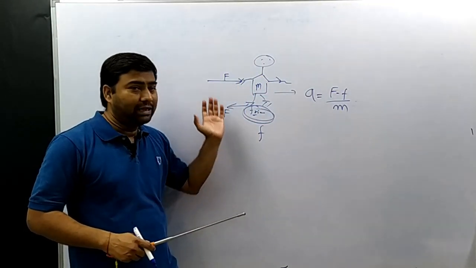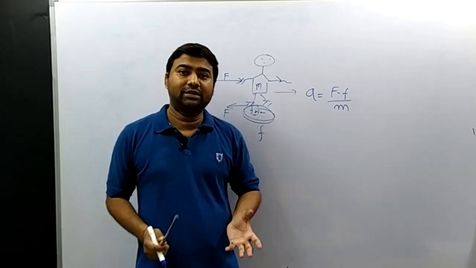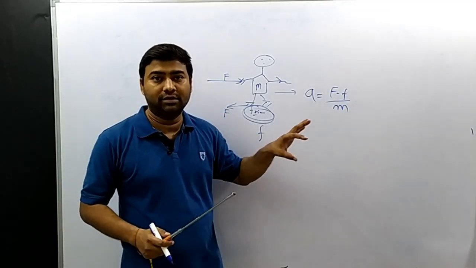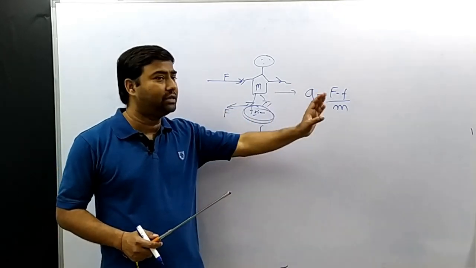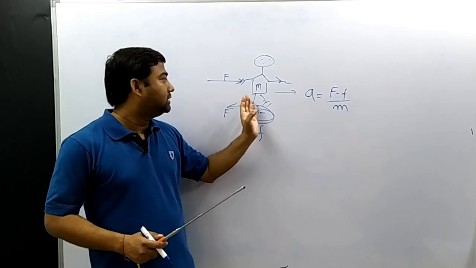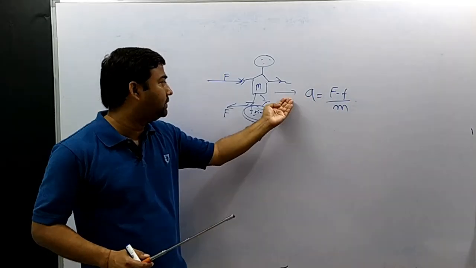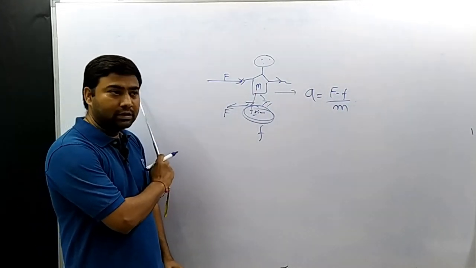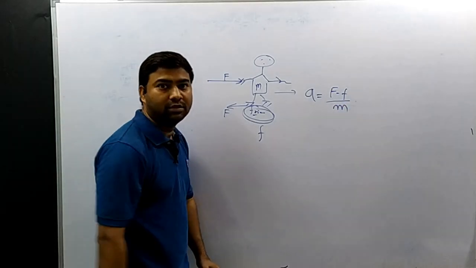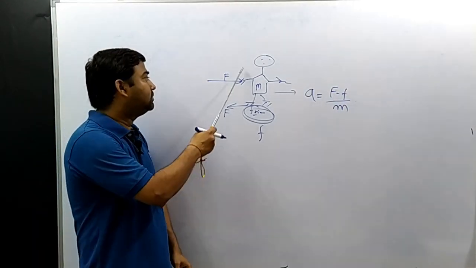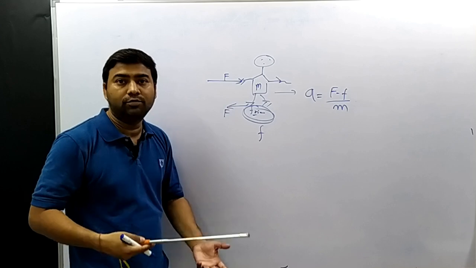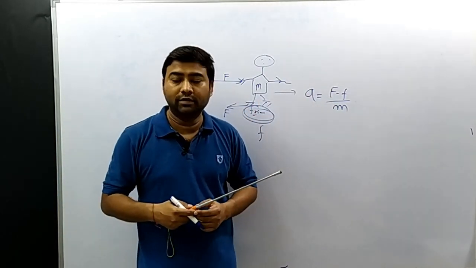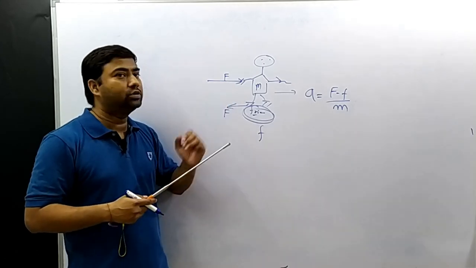So like this person, every object in this universe tries to achieve a preferred configuration. Preferred configuration means preferred motion. This person is moving in this direction, he will not move in this direction. Preferred motion is this direction. Why? It is based on the direction of this force. So the person starts to move in the preferred configuration when this force is applied.